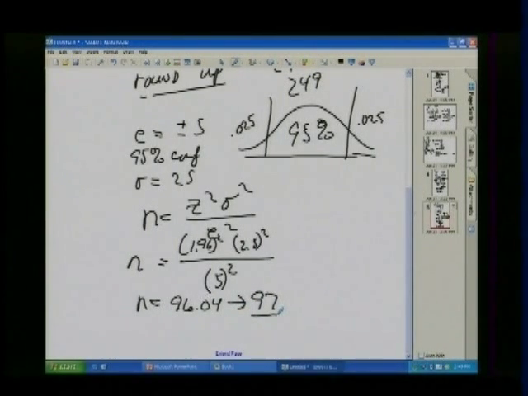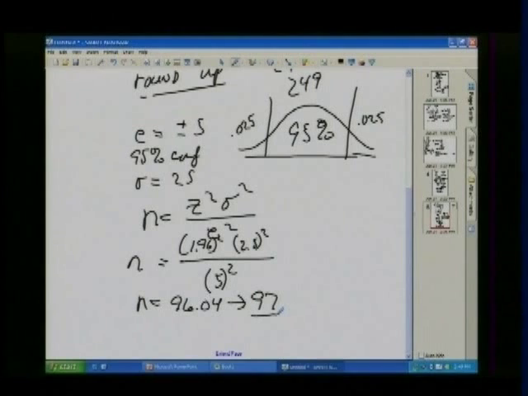So what I can say is, if I am trying to estimate the mean for a population, I want 95% confidence, my standard deviation equals 25, and I'm willing to live with plus or minus 5 as the amount of error in my answer, I can use a sample of size 97.